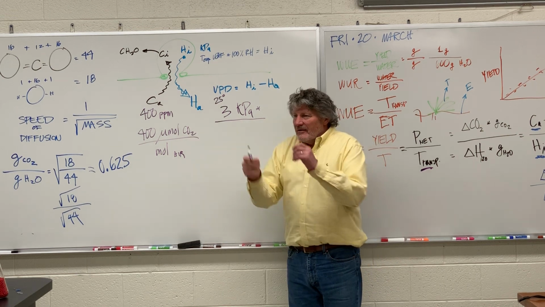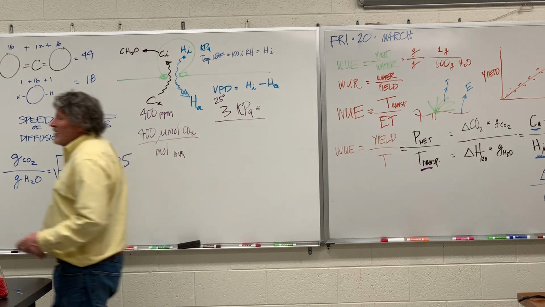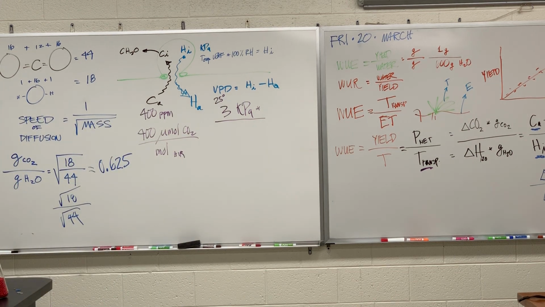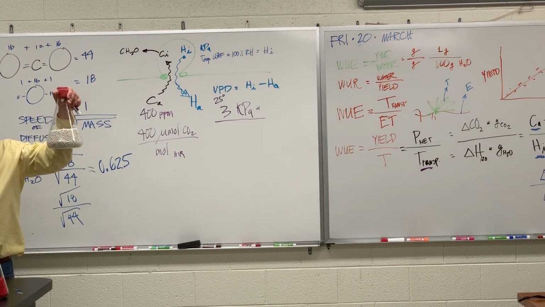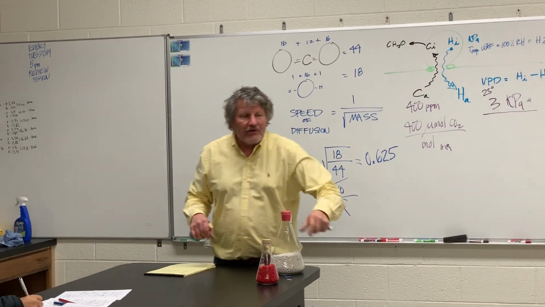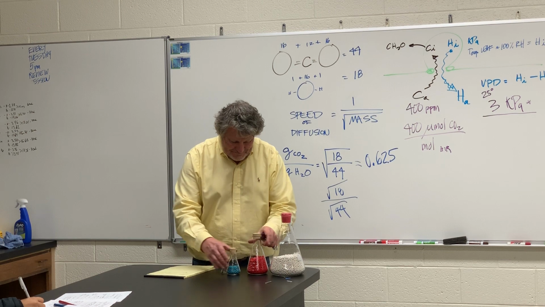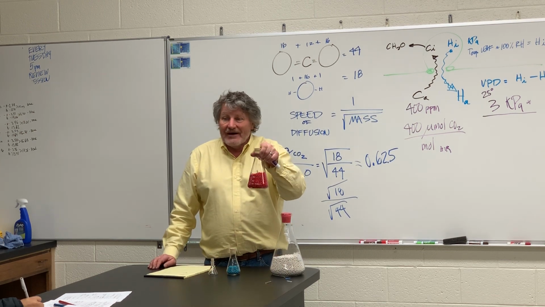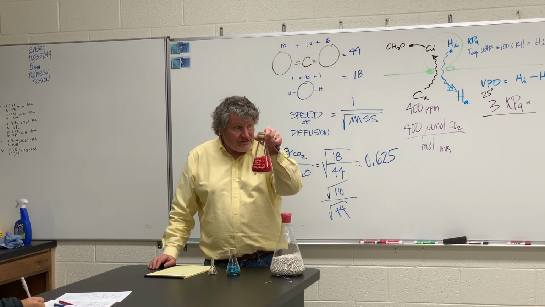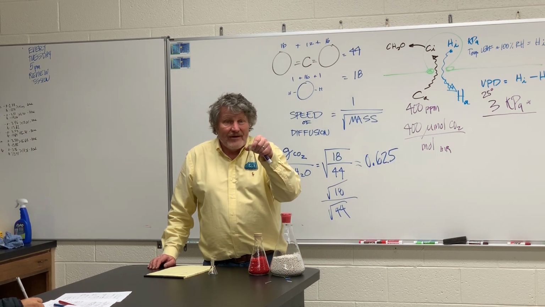And this is where we get into my famous beads, which I conveniently have right here. Nitrogen, inert filler gas in the air. Oxygen, plenty of oxygen in the air. Water vapor.